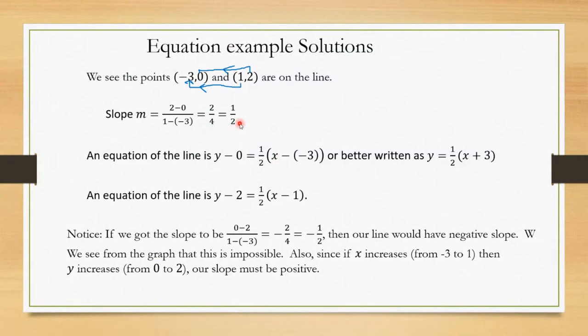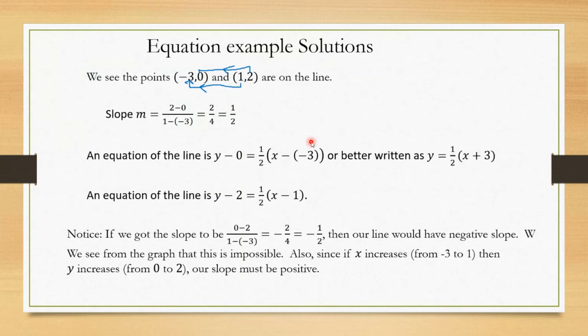So now we know the slope. An equation of the line then, using the first point, would be y minus the y-coordinate equals the slope, 1/2, times x minus the x-coordinate, -3.